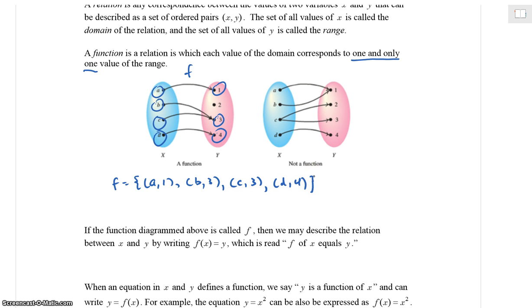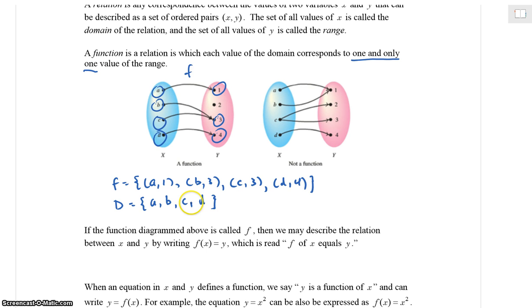We would then say that the domain, which we'll call D, is the set of all x coordinates of those ordered pairs. So that would be the set A, B, C, and D.